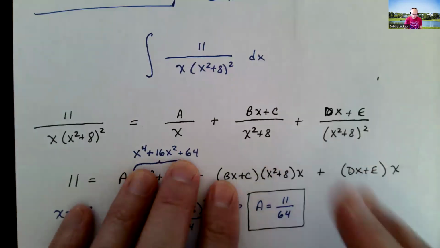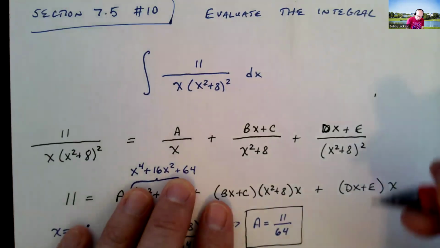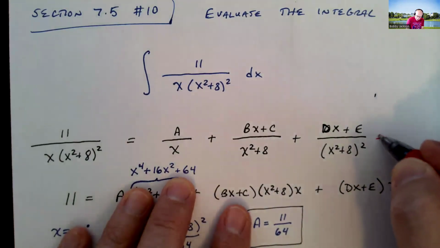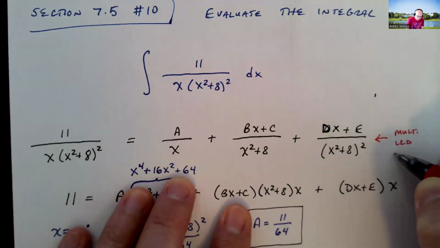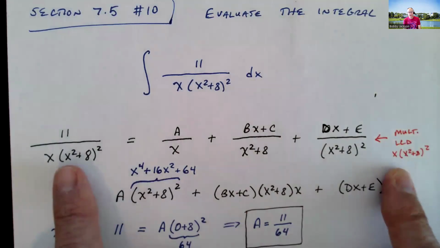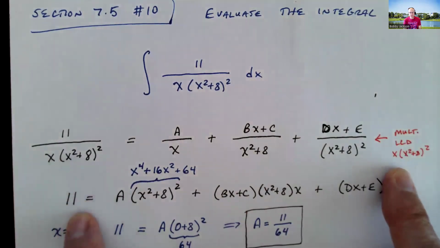Okay, so what we're going to do now is multiply both sides of this equation by the least common denominator, which is x times x squared plus 8 all squared. When I multiply this side by that, of course, I just get 11.